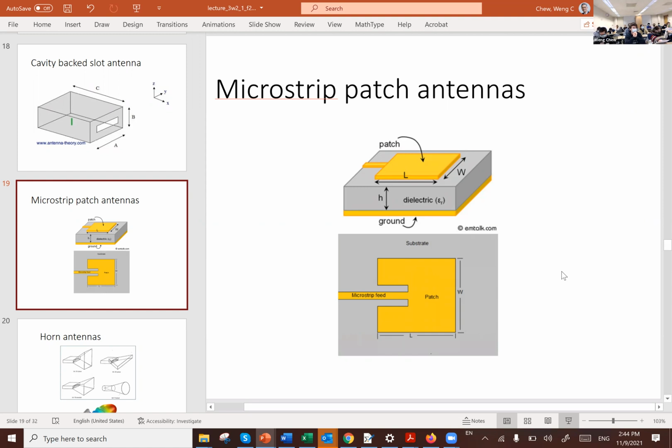It radiates forward. The bottom part is kind of a continuous microstrip line, and you have the inset for the feed. If you think of current flowing on the top patch, the current is just flowing back and forth like that.